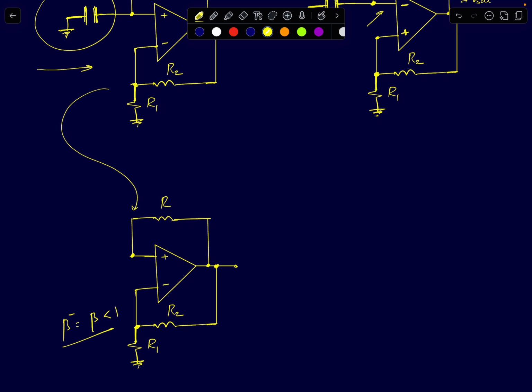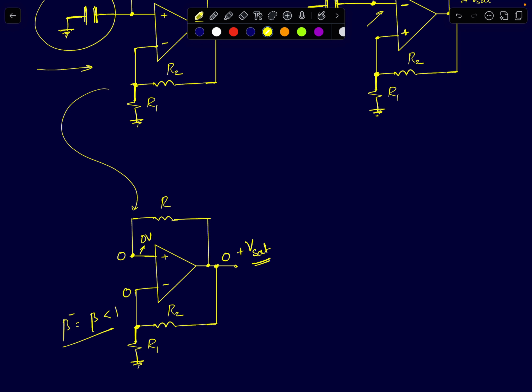Let's assume we start the circuit with all the node voltages at 0. This is a hypothetical condition. Noise at one node slightly displaces it by delta V. Assume delta V is positive, then the output node will go to plus Vsat.